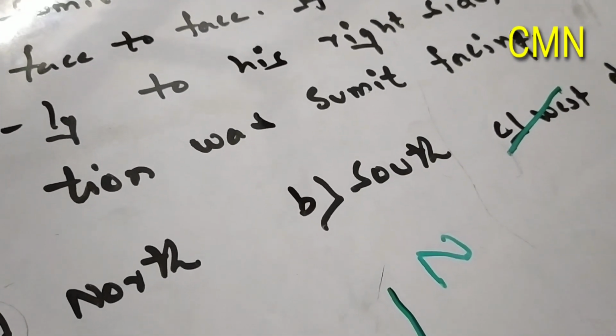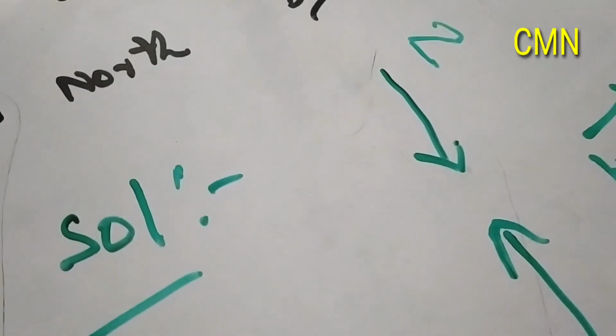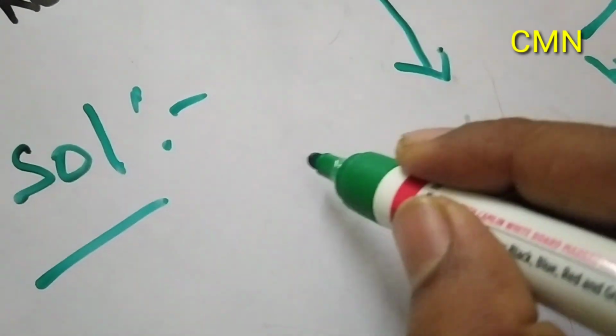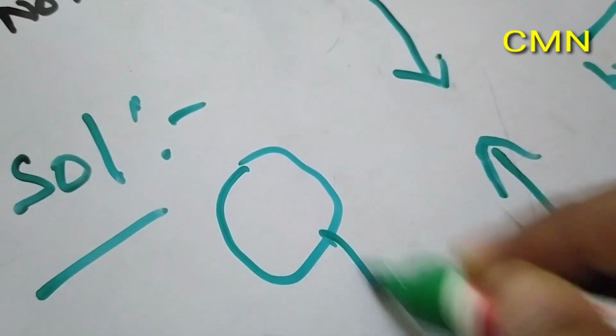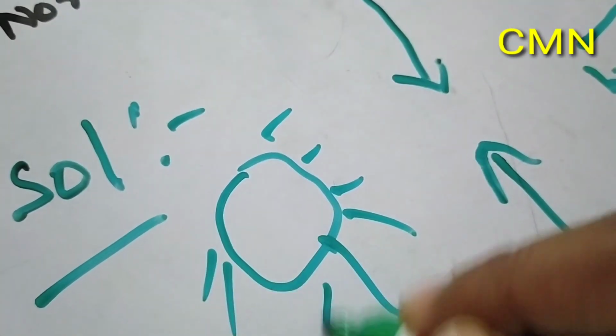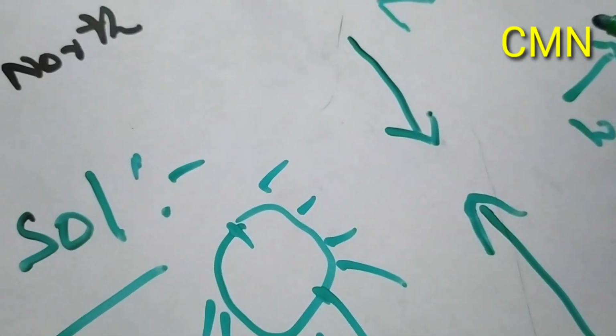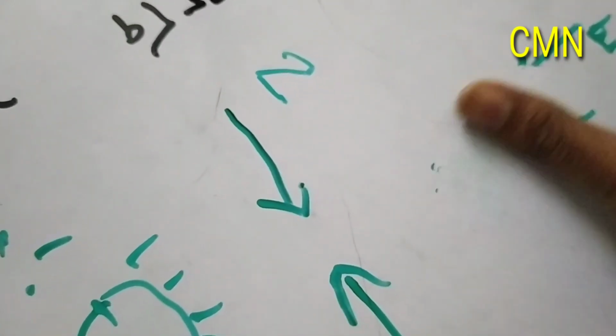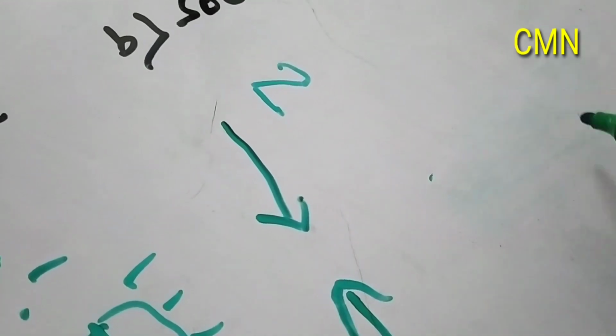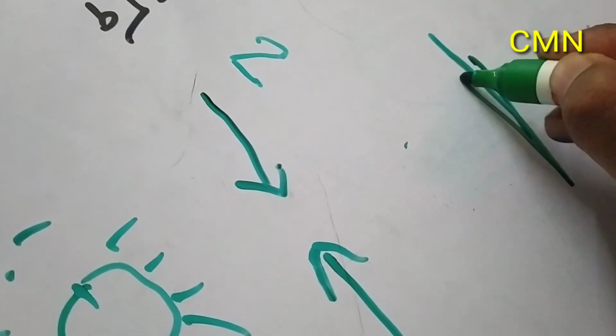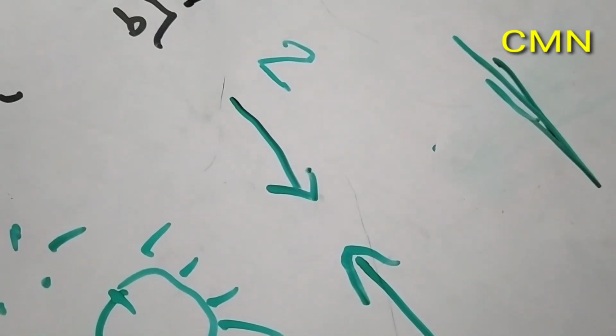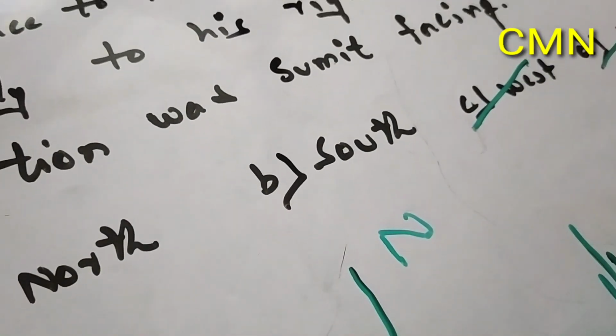In evening time, the sun is in the west direction, so the shadow will be in the east direction.